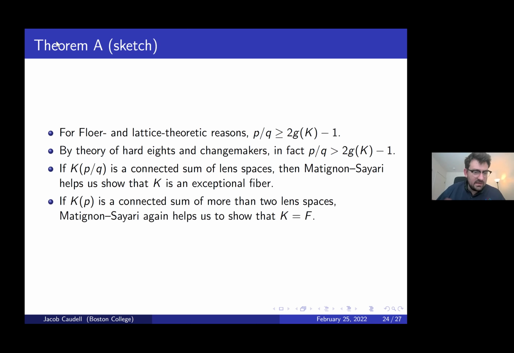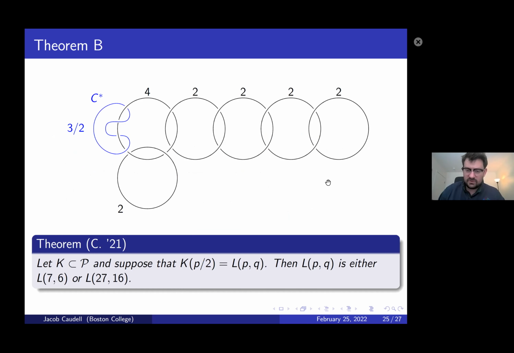And on the flip side, if an integer surgery is a connected sum of strictly more than 2 lens spaces, then we can again use this cabling result of Matignon and Sayari to show that K is in fact F, this regular fiber. So we used hard 8s to get us in a situation where we could use this result of Matignon and Sayari.